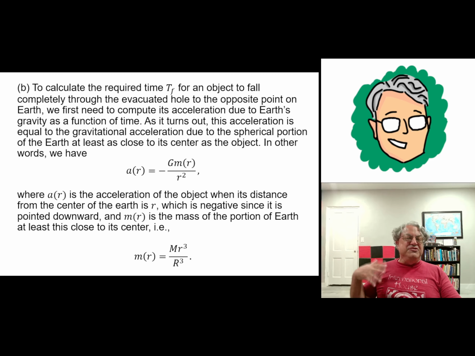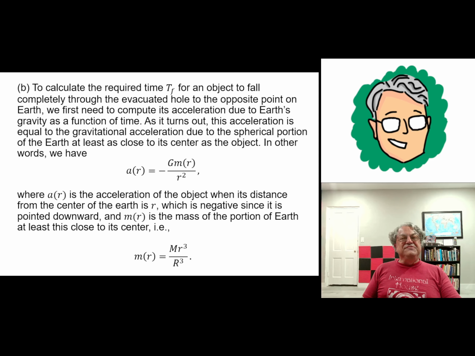I mean, parts of the Earth are pulling it up because there are parts of the Earth that are farther from the center than you. Those parts are kind of pulling the object up. And if you do the calculation in the right way, you can use Gauss's law. I'm not going to do that here, but it turns out that gravity has the same form as the electrostatic force, for which we often use Gauss's law in electrostatics.